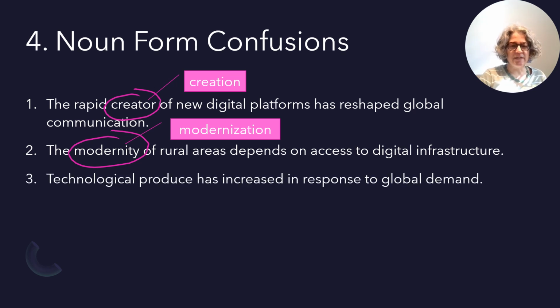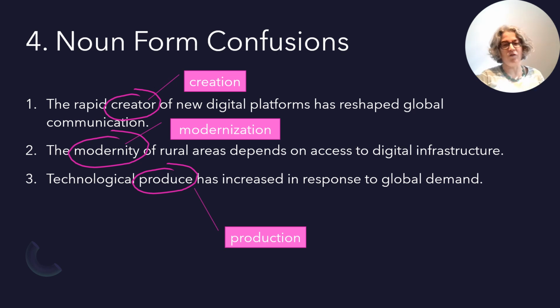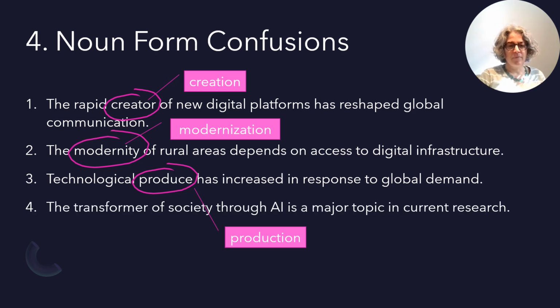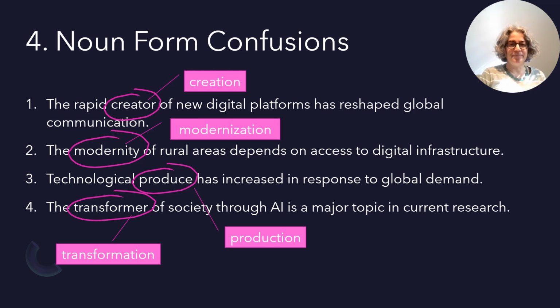Sentence 3, we see technological produce has increased in response to global demand. So we see produce referring to vegetables and fruits, but actually we need production, the process of producing products. And in sentence 4, the transformer of society through AI is a major topic in current research. We have transformer, again a person, but we need the process again.